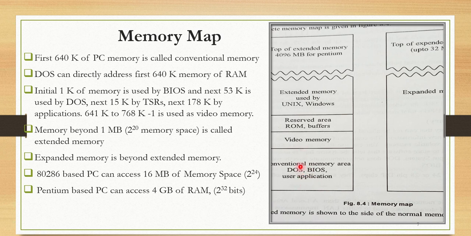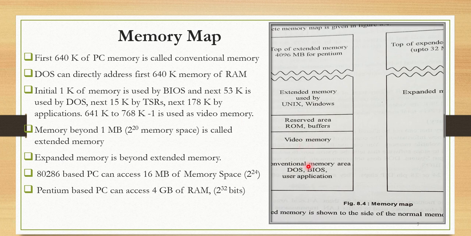After that, how is the bifurcation? The initial 1K is for BIOS. Next 50K was used by DOS. Next 15K by TSR. TSR means terminate and stay resident programs. Next 178K by other applications. 641K to 768K is used for video memory.